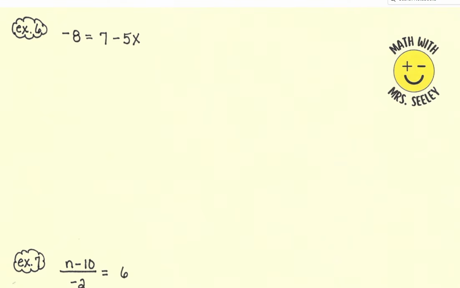Notice on example 6 that they rewrote it with the variable over here on this side. And that's okay if you want to keep it this way, or if you would like to turn it around and make it say 7 minus 5x equals negative 8, they're both the same thing.